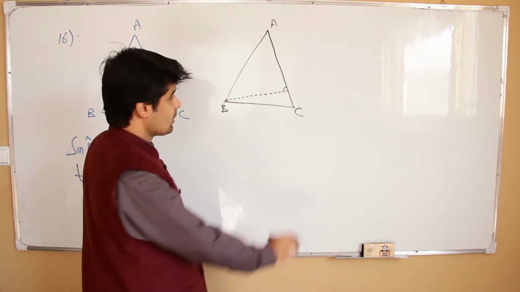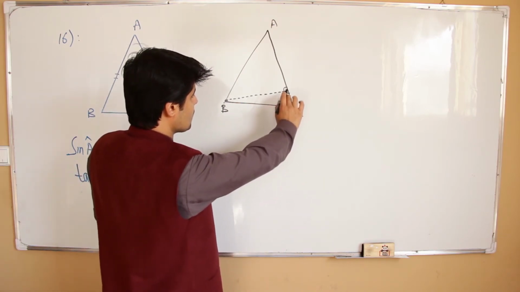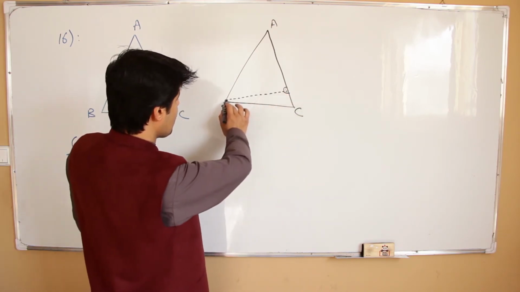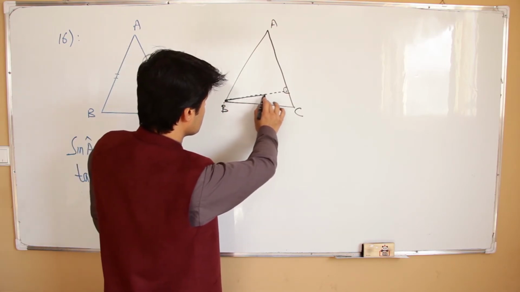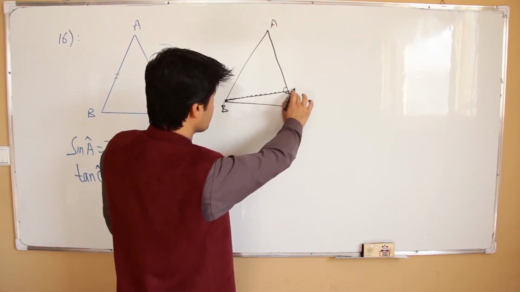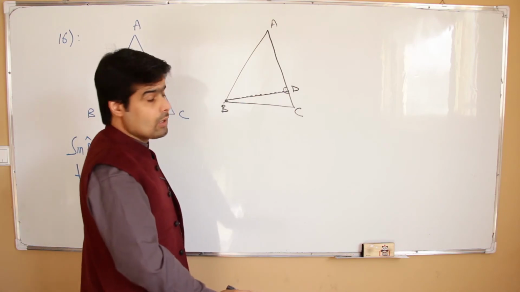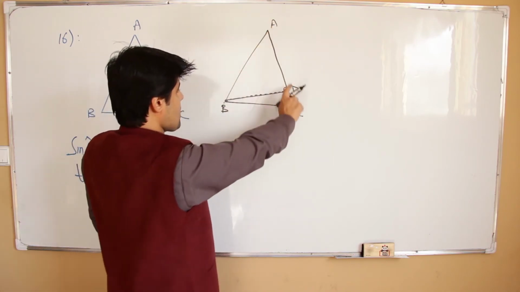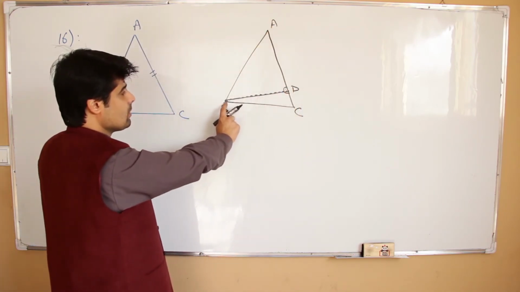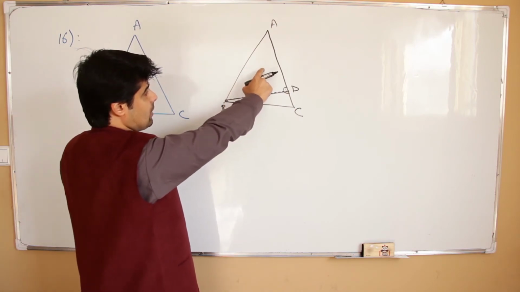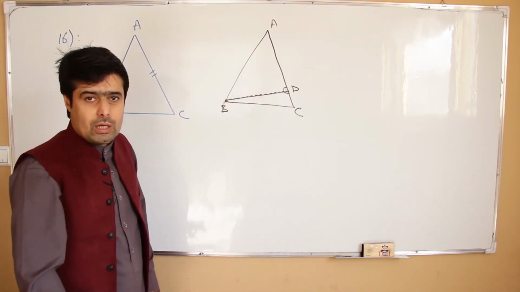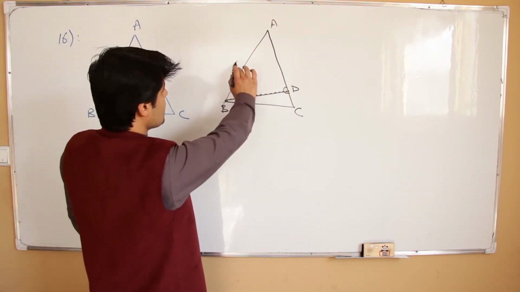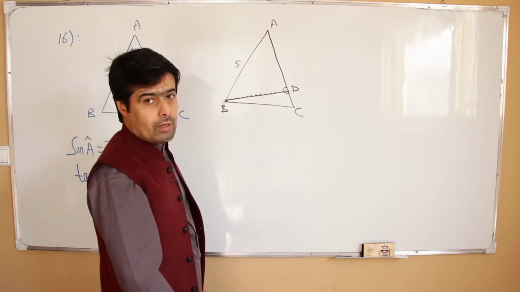Am I right or not? Yes, it is a perpendicular line. Now, if I draw this line, you will have a name for this one, D. Now, A, D, and B. This triangle is a right angle triangle. This side is 5. Am I right?